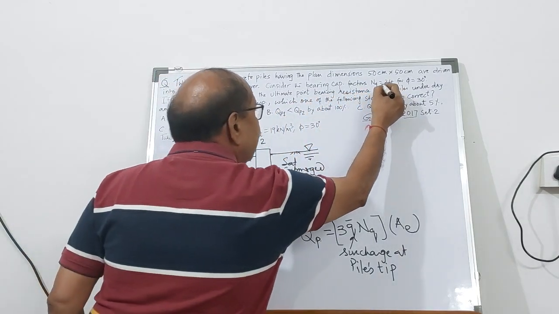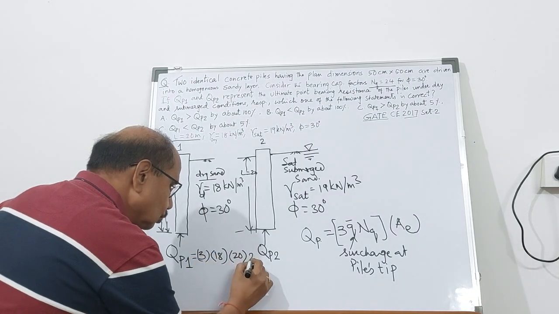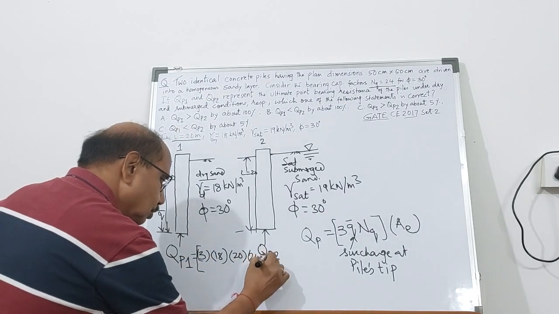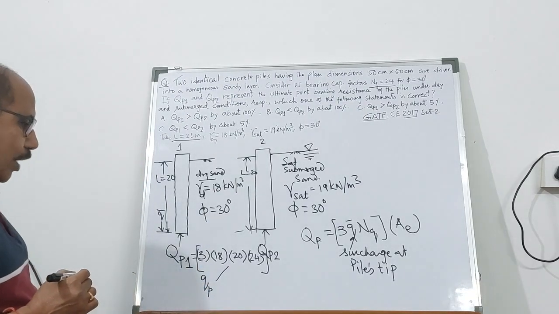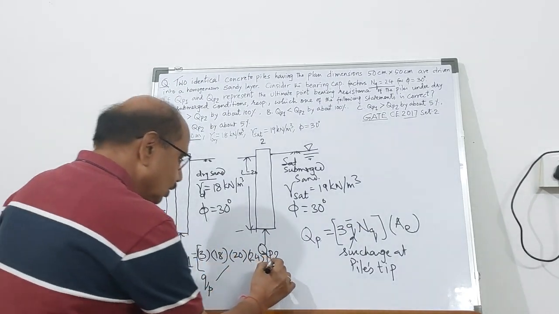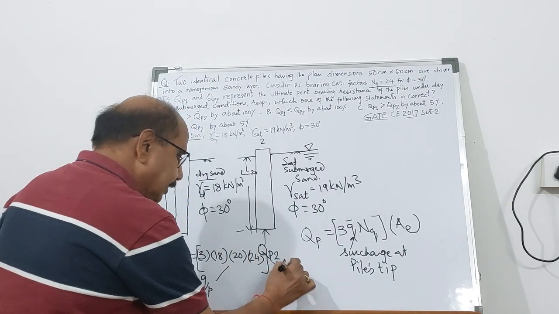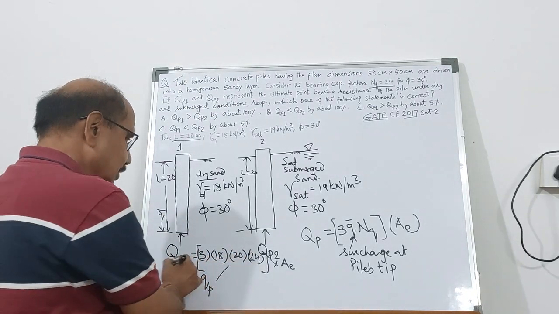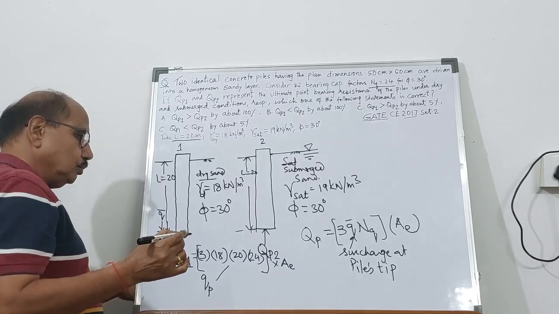The value of NQ is 24. So this will be into 24. So this is the unit point bearing resistance, and this needs to be multiplied with the area. So what is the area? Area is going to be AE, because the size is going to be the same, it will be AE over here. So this is QP1.